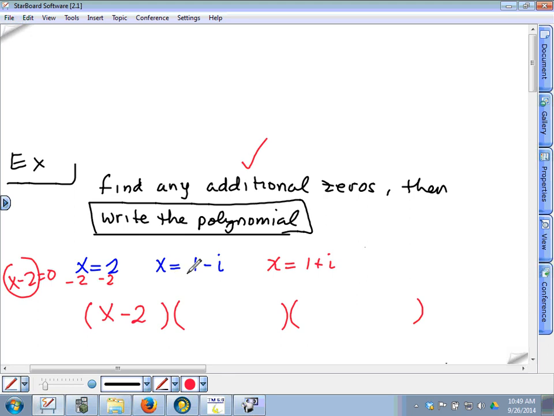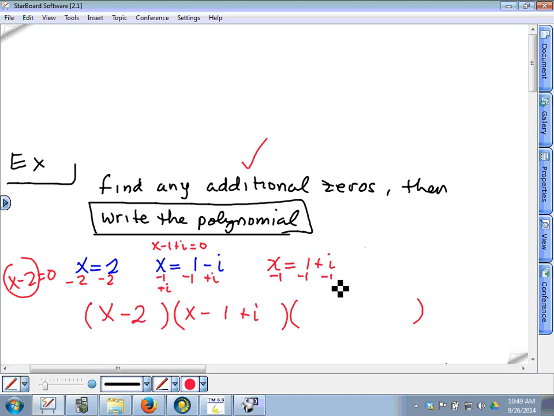So if we use that same argument, if I subtracted 1 and then added an i to both sides, then isn't that going to be x minus 1 plus i equals 0? Do you agree? That's what your parentheses is. X minus 1 plus i. Now do the same thing here.